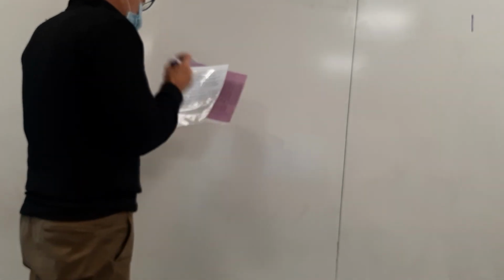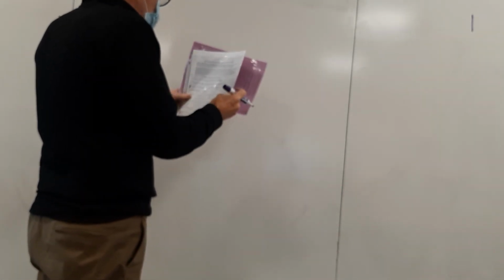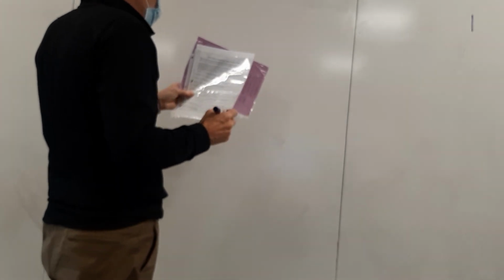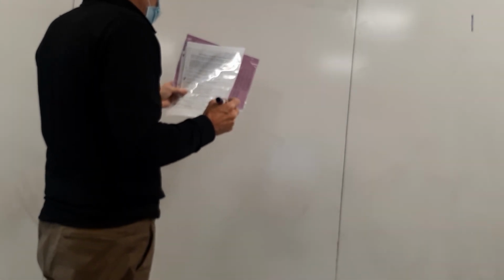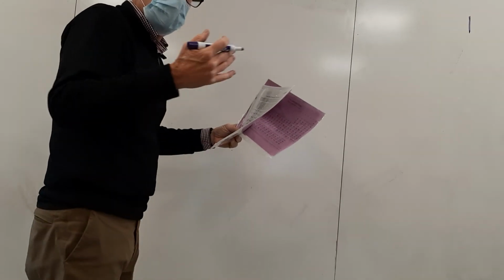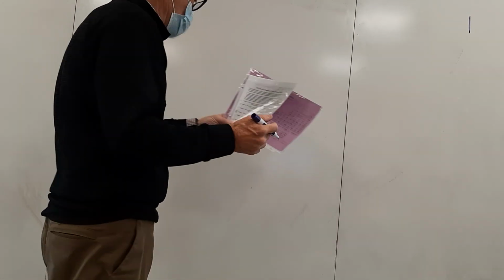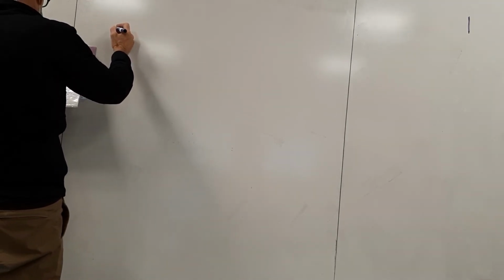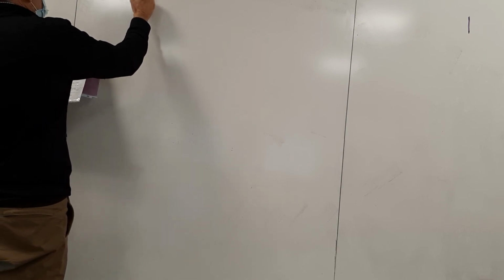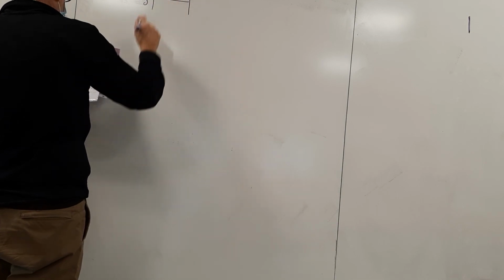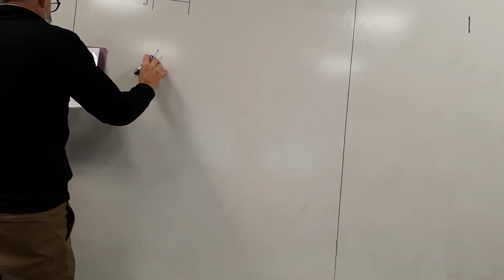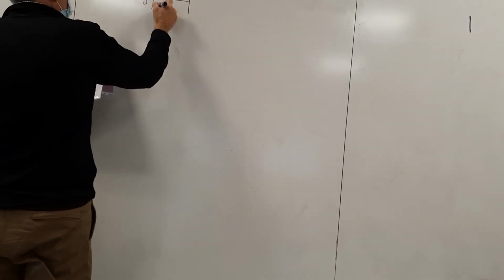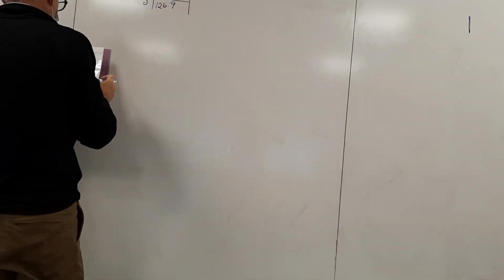How many moles of iodine atoms are in the empirical formula of a compound that contains 93.27% iodine and 6.73%? We got to find the empirical formula. So number 6, let's find the empirical formula. 93.27%, change it to grams. 1 mole divided by the molar mass of iodine, which I believe is 126.9.